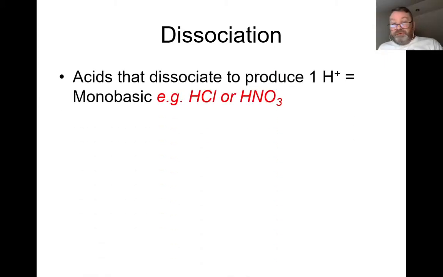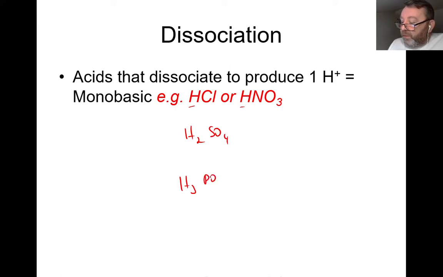Acids that dissociate to produce one H+ are what we call monobasic or monoprotic. Now I'm going to use the word monobasic because that's the one used in the exams. So for example, as I told you already, HCl, HNO3. But there are other acids like H2SO4 and H3PO4. Now what happens here? When H2SO4 goes into water, it breaks up into two H+ and SO4 2-, the sulfate radical. I hope you remember your radicals, they're extremely important.